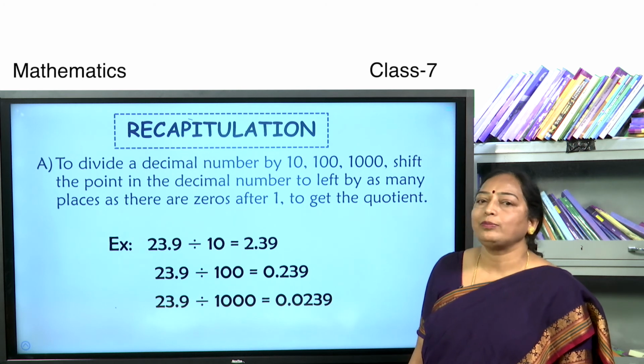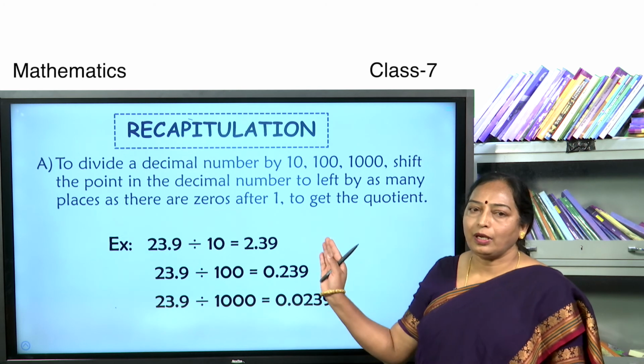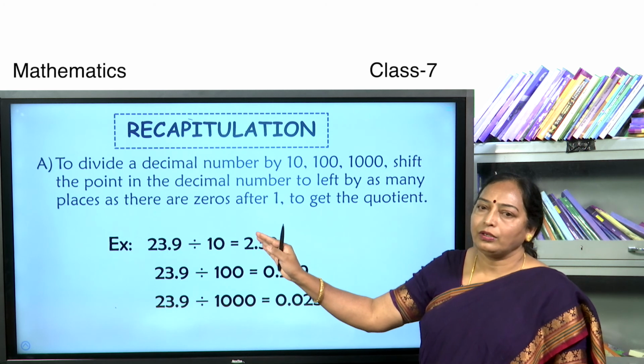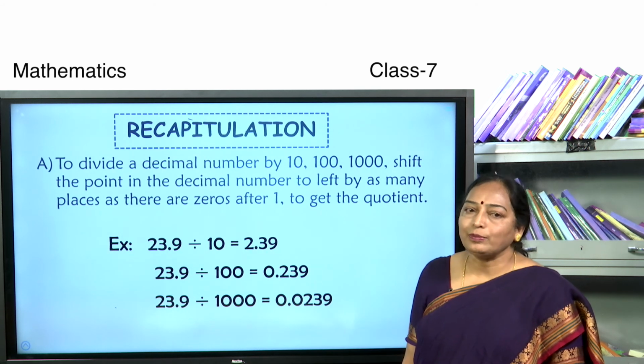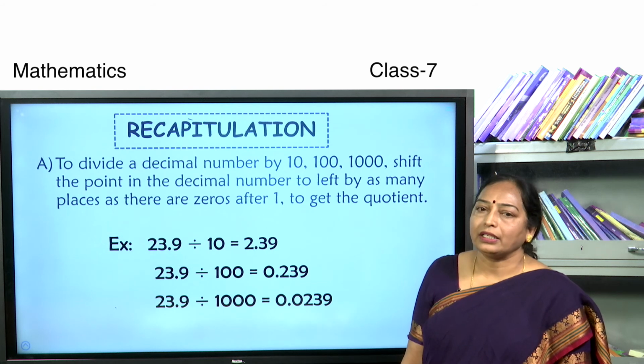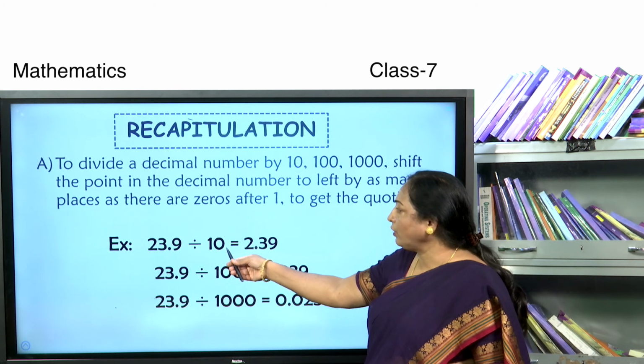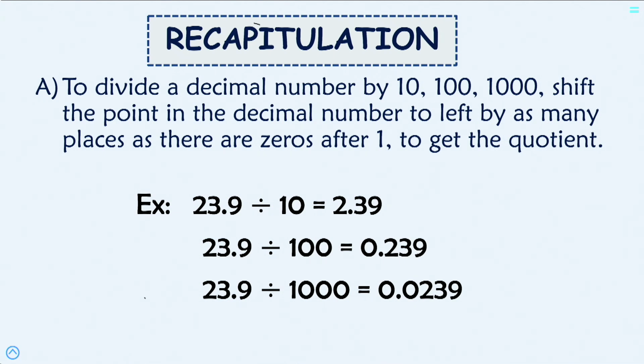To divide a decimal number by 10, 100, 1000, shift the point in the decimal number to the left by as many places as there are zeros after 1 to get the quotient. Here in the first example, 1 zero is there in the divisor part. Therefore, in the quotient part, we shift the decimal point one place towards the left. In the second one, 2 zeros are there in the divisor part.